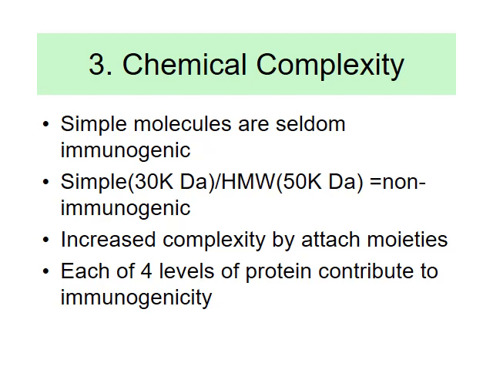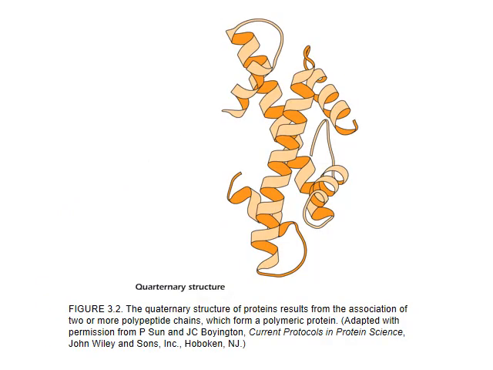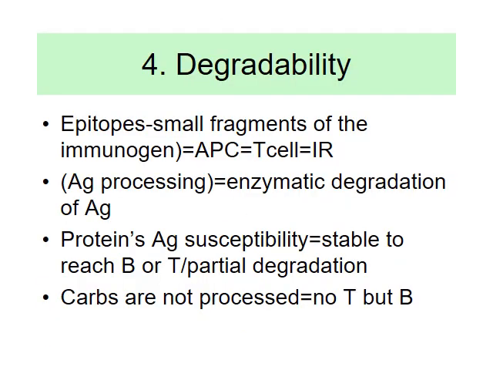Protein structure, you should know. Degradability, I already told you. Why is it that we want to go for that? You can see from here, one of the things mentioned is that carbs are not processed, so no T response.